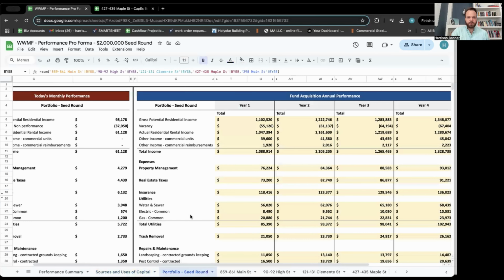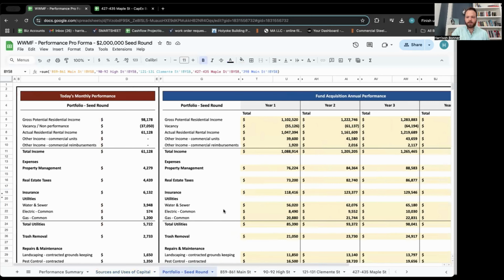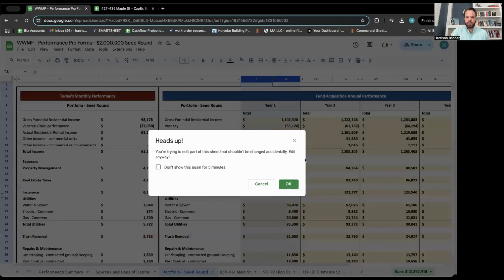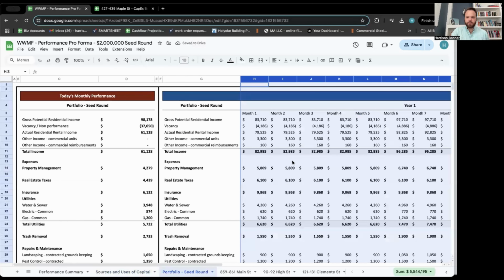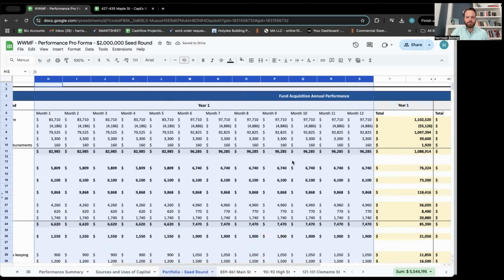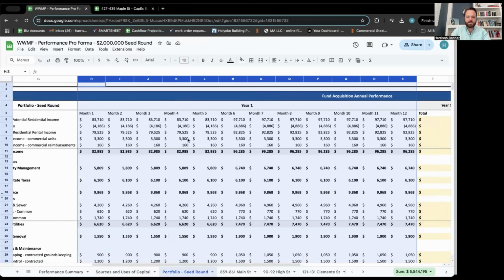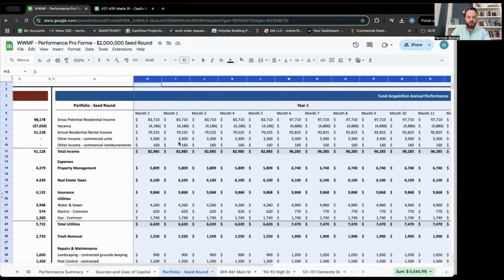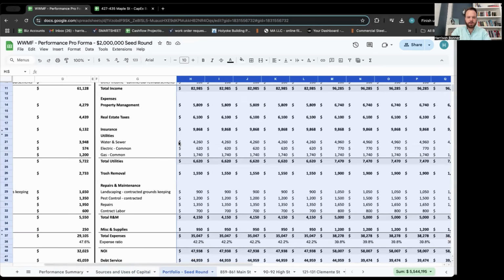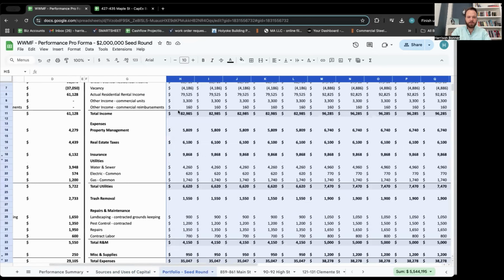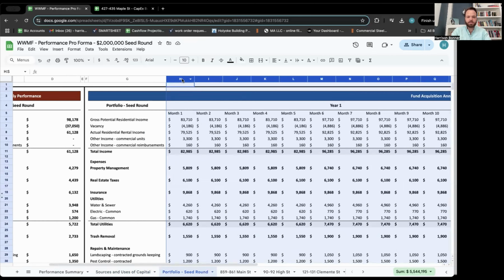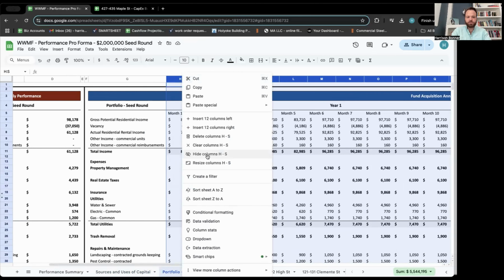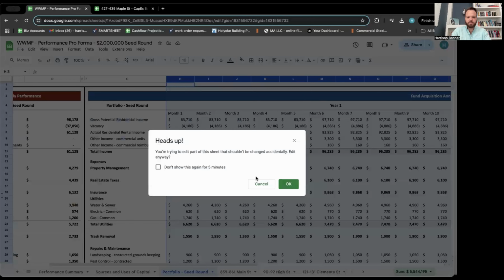All right, so here is kind of like a trailing 12. Now these rows are hidden by month, so as not to make this too grand. So you can dive into this as granular as you'd like. As you can see, we're pretty detailed with all of our property level expenses and possible incomes that we could achieve.